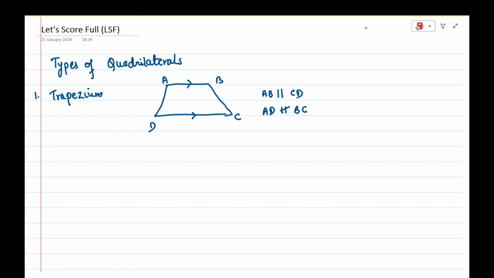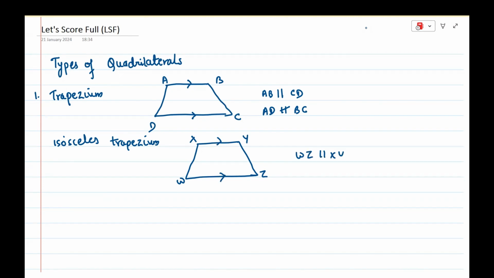There is one more term which is commonly used, that is isosceles trapezium. What is that? It says trapezium, so it is definitely a trapezium. Only the non-parallel sides have to be equal. Suppose this is XYZW. Here XY is parallel to WZ as in any other trapezium, but also the non-parallel sides, XW and YZ, are equal.